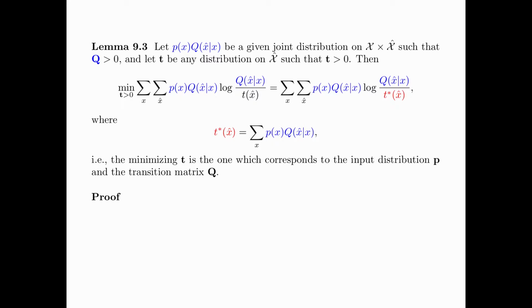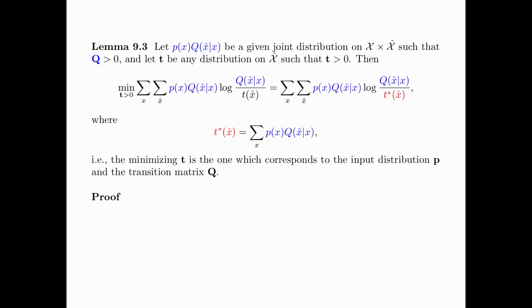Lemma 9.3 is very similar to Lemma 9.1 for the channel capacity. Let P(x) Q(x hat|x) be a given joint distribution on X times X hat such that Q is strictly positive, and let T be any distribution on X hat such that T is strictly positive. Here, P(x) and Q(x hat|x), which are given, are highlighted in blue.